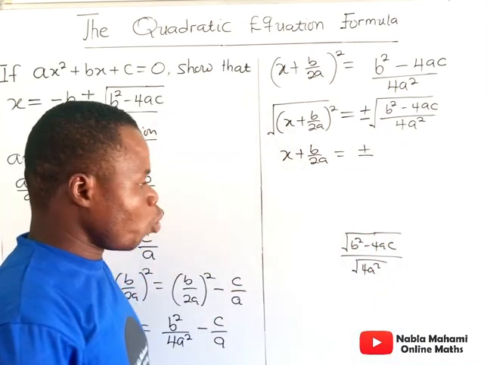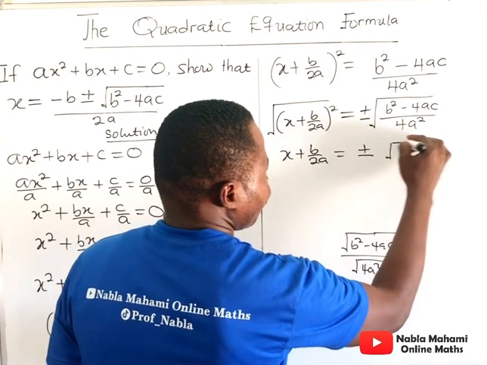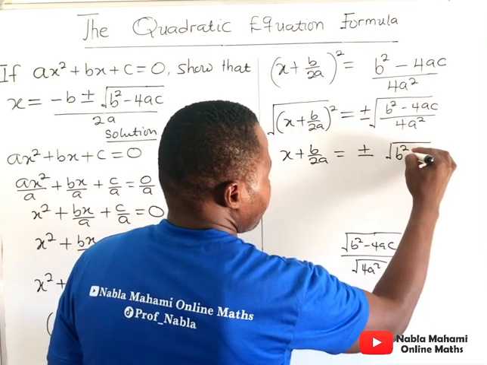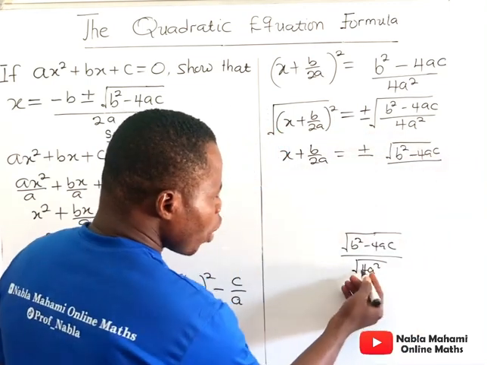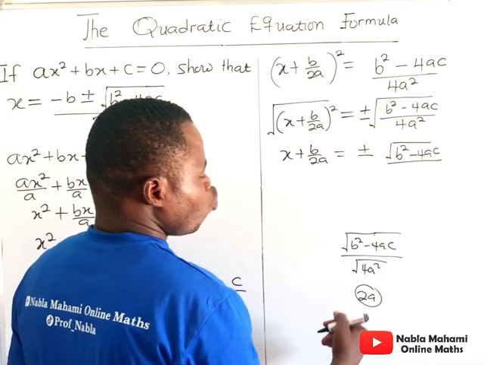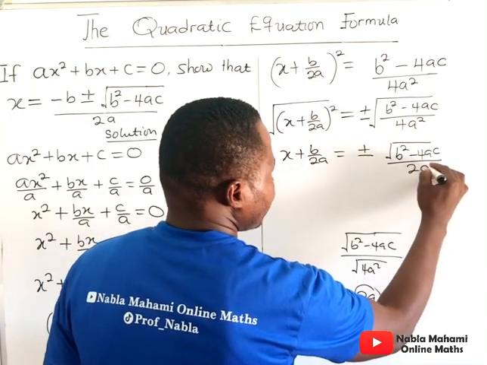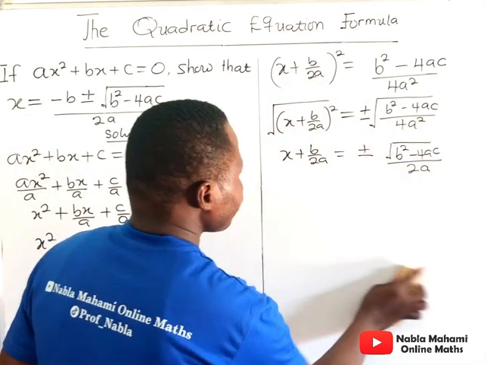If you want to separate it, it will look like this. On top, I will have square root of b squared minus 4ac over, you know that square root of 4 is 2, and square root of a squared will give me a. So I'll get 2a to be my denominator here. So when you simplify this, this is what you will get.